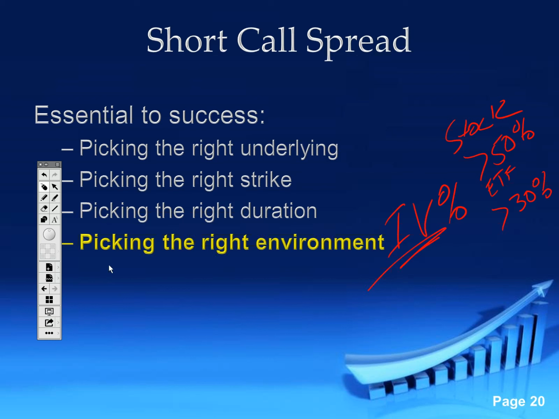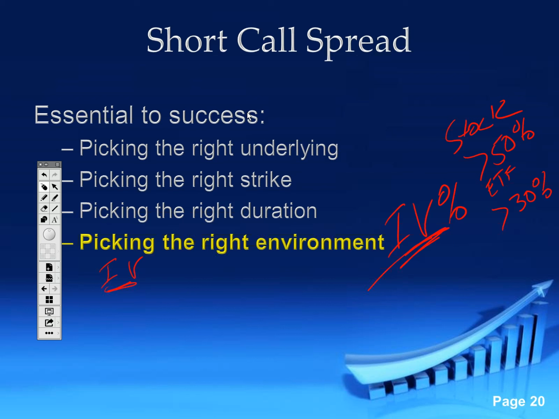Basically, we're going to look at implied volatility for a given underlying, because every underlying has a different implied volatility. A 45 IV is really low for Tesla, but that might be really high for something like Kroger. So implied volatility alone doesn't tell us enough.